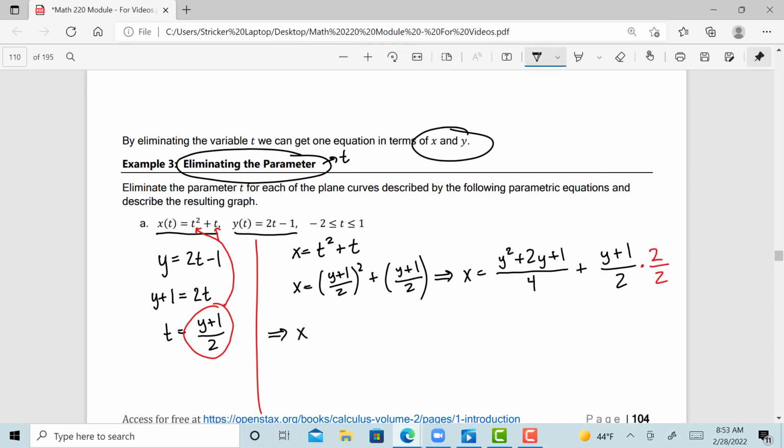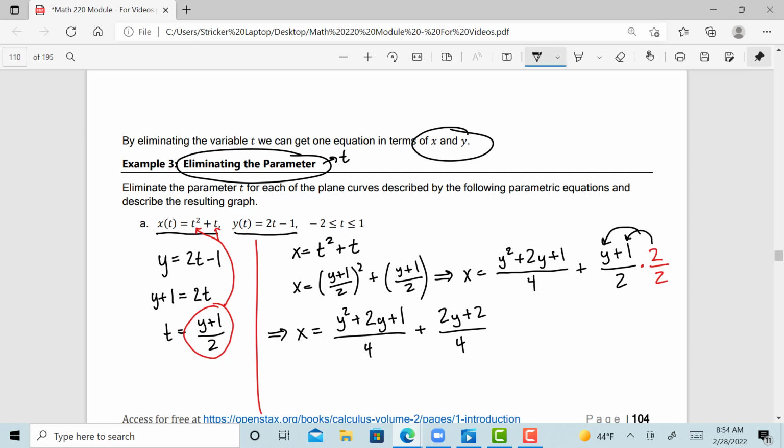If we do that, we're going to have x equals y squared plus 2y plus 1 over 4, plus, and then distribute that 2, 2y plus 2 over 4.